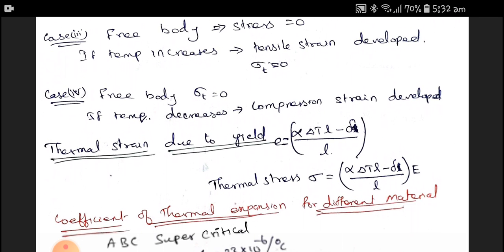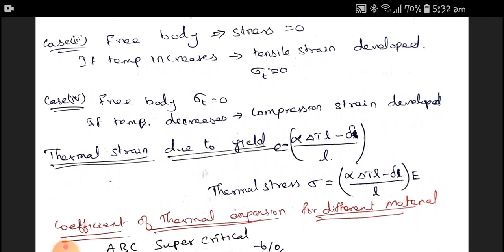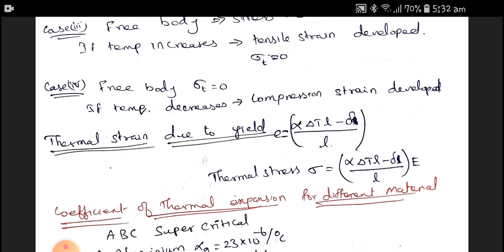We have yet another condition, thermal strain due to yield. If the ends yield, if the body is supported by another body of a different material and the temperature is applied, the supporting body is also affected by the temperature difference. Therefore the ends can yield.